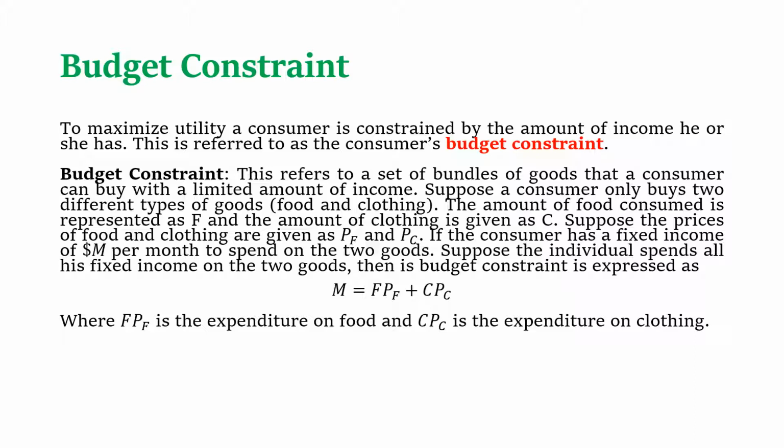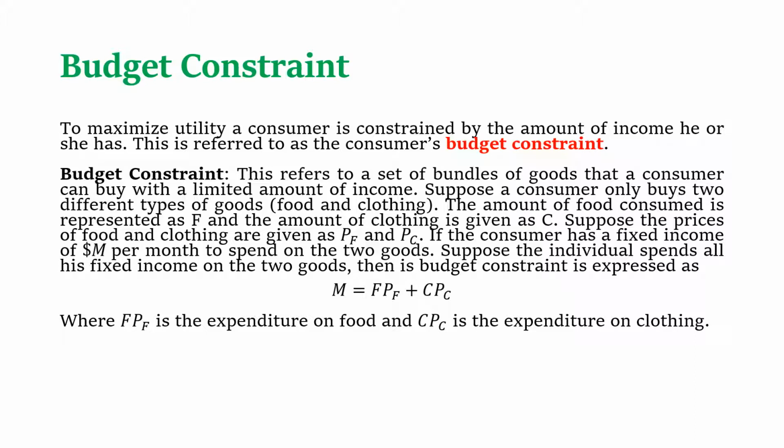Now we are going to represent the quantity of food here as F. F is the quantity of food consumed by the consumer. Then C represents the quantity of clothing consumed by this hypothetical consumer.